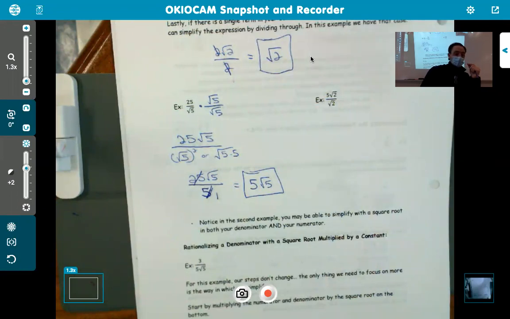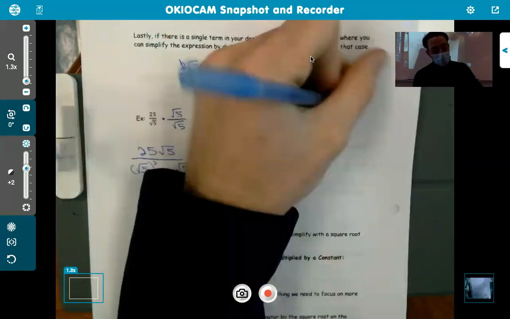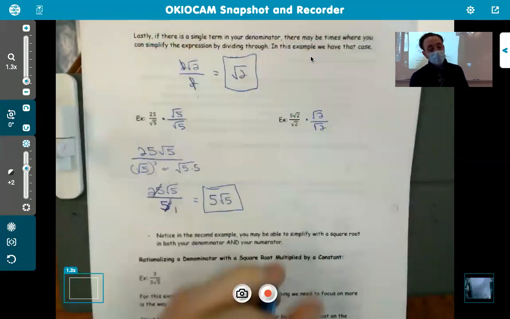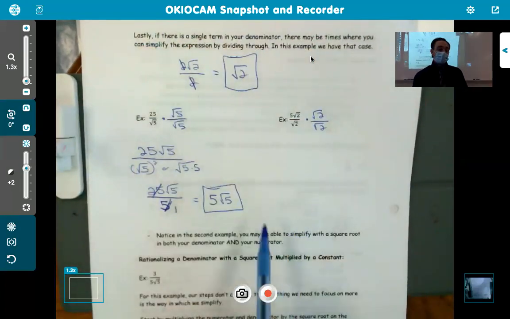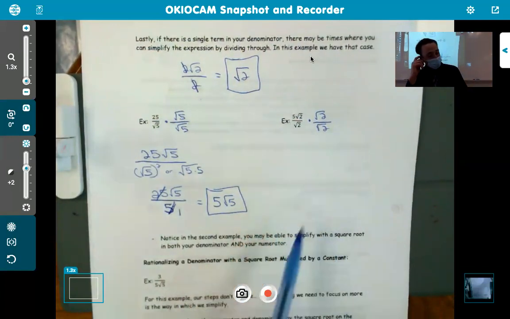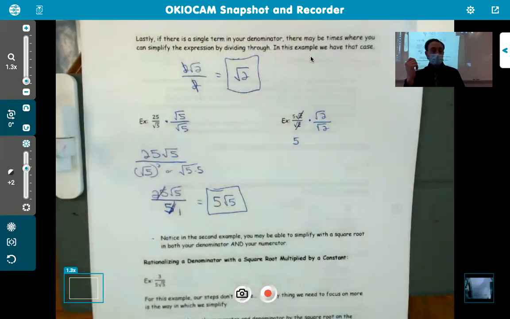All right. What would I do in the next example? What should I multiply the top and bottom by? Multiply top and bottom by root 2. Right, so that's another thing that you can think about doing also. So what we notice here is if I have the same thing in my numerator and denominator, I can cancel these out and I'm just left with 5, right?